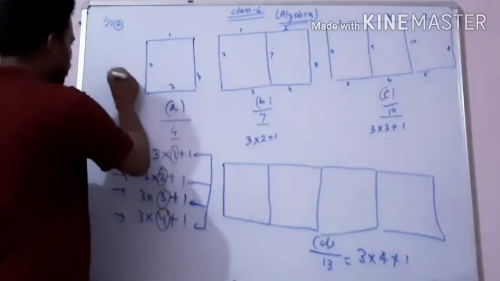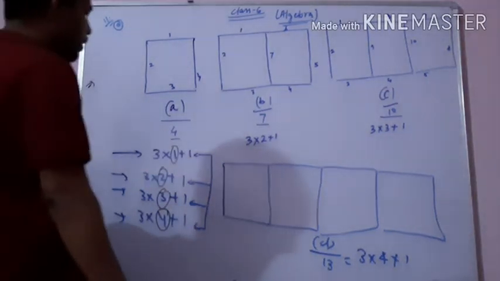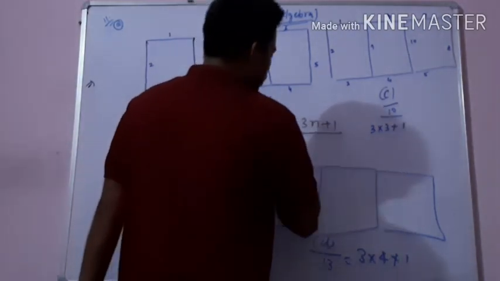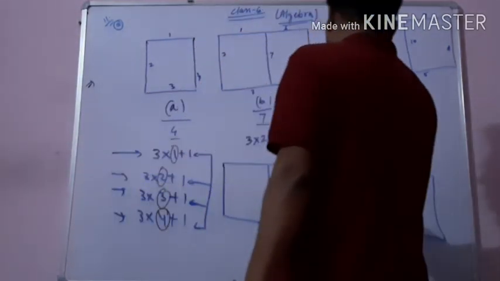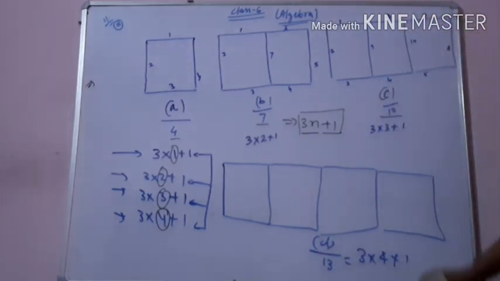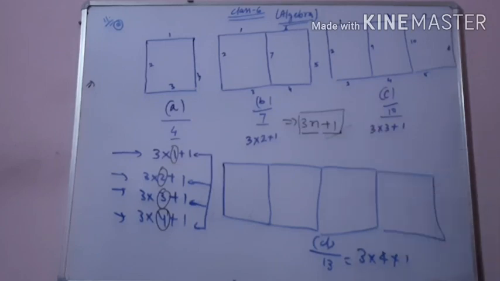What will be the formula for making squares using mathematics? It will be 3n plus 1. That is the formula for making squares which are not separated.